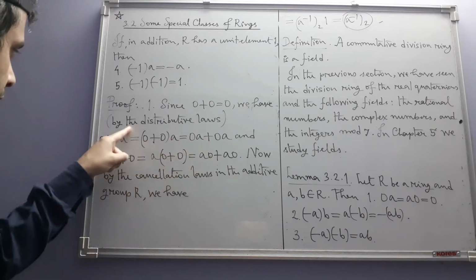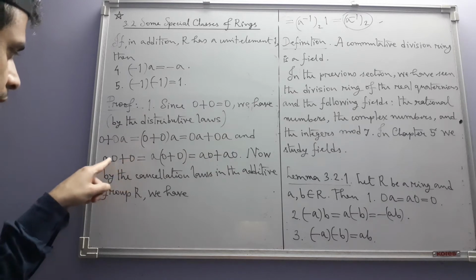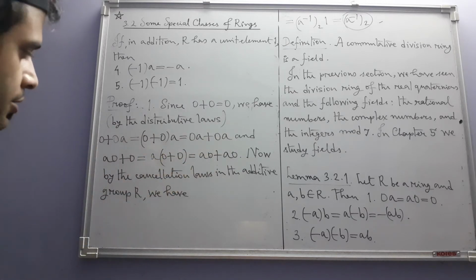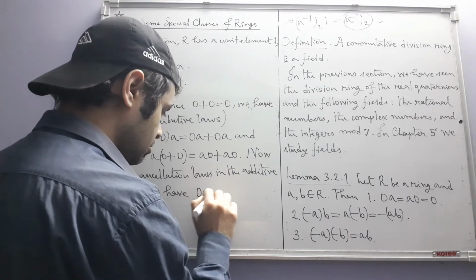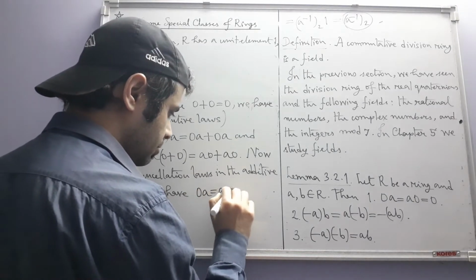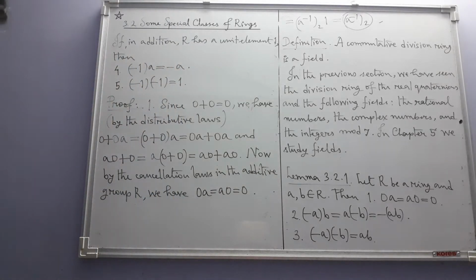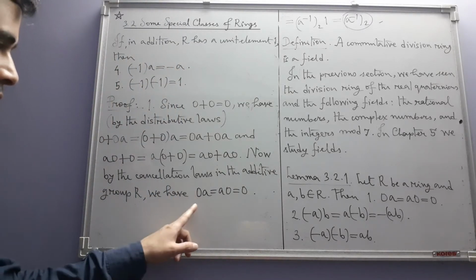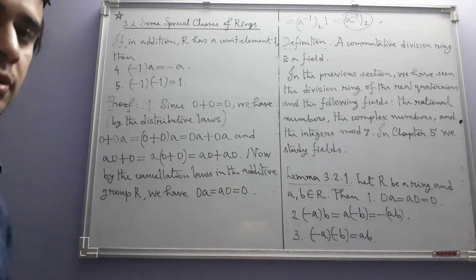By that law I can cancel 0a from these two sides. Here also I can cancel a0 from two sides. So finally I have 0a equal to a0 is equal to 0. So that means in a general ring, if I multiply any element by 0, in whatever order I want, the end result is 0.